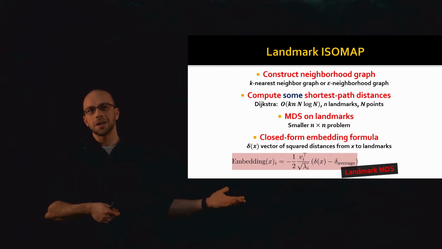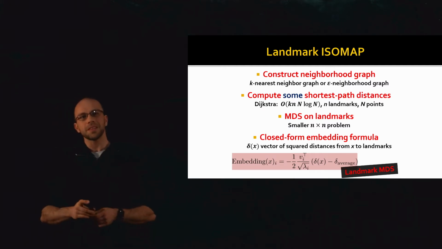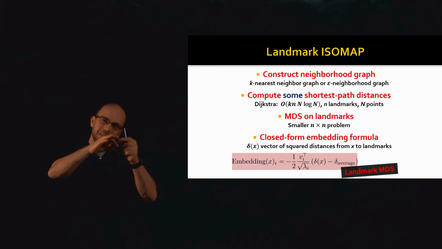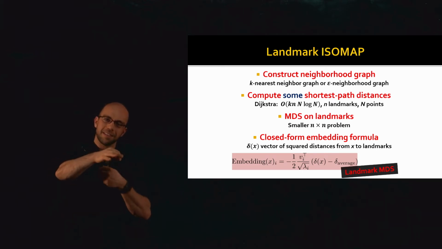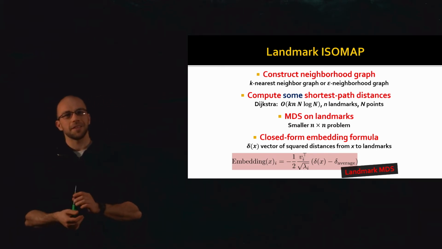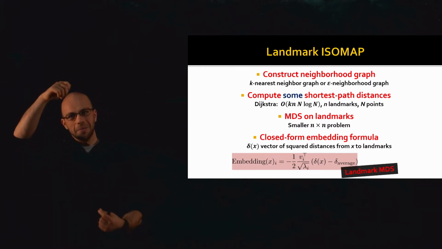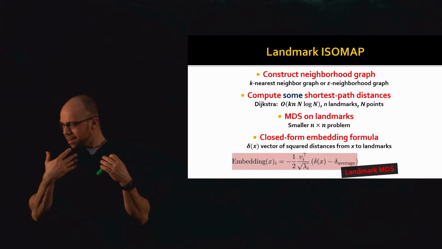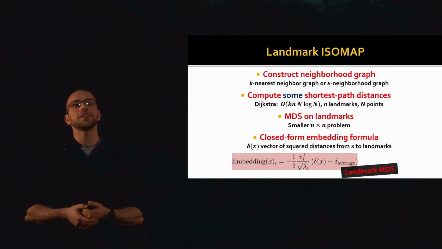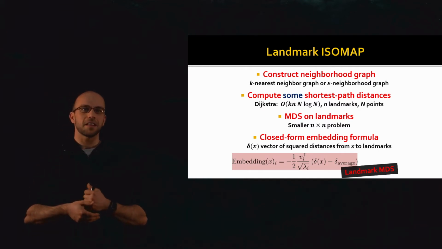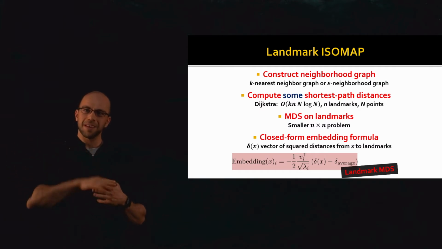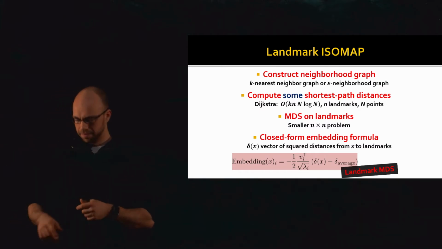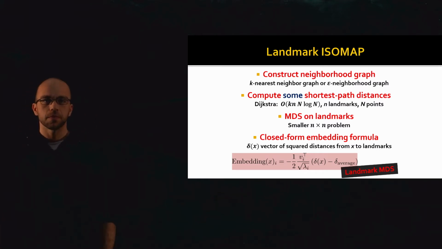So in landmark Isomap, if we have a new data point, we add it to our k-nearest neighbor graph and compute its distance to all the other points, for example, using Dijkstra's algorithm. That gives us the vector that we need, and now we can compute our embedding directly. So again, the Isomap algorithm is really straightforward. All it does is replace the input matrix to MDS with one that we got by computing shortest paths on a graph. Let's take a quick pause, and then we'll continue.